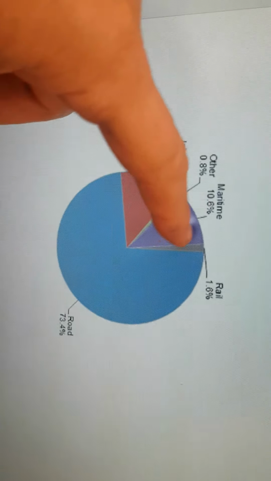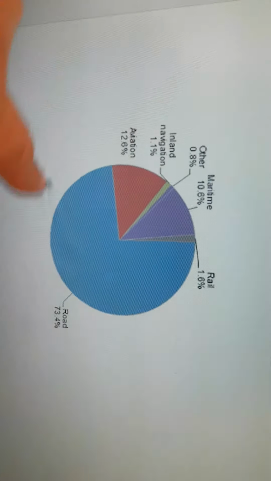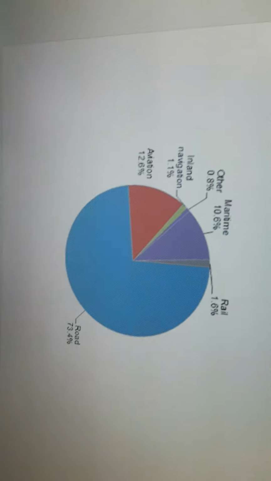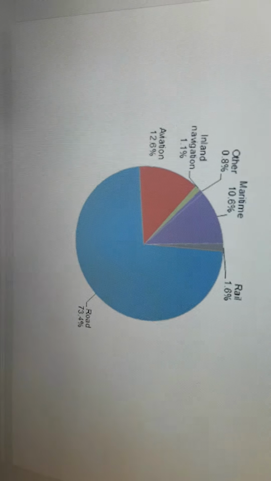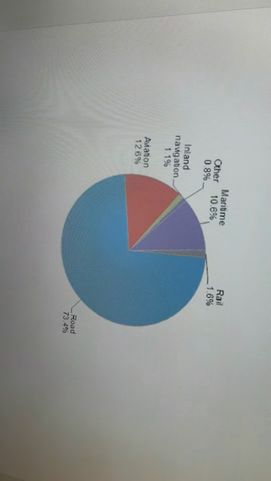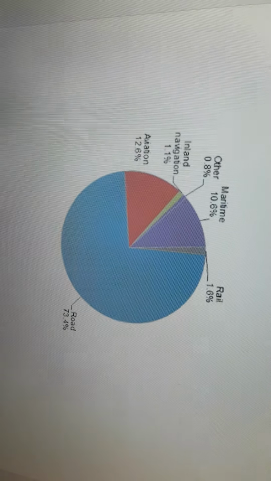Maritime, this would largely be cargo ships transporting things around the world, but it's basically road transport. We're all contributing to it every time we get in a car and drive, same as we're all contributing to it every time we turn on an electrical appliance or the central heating at home.